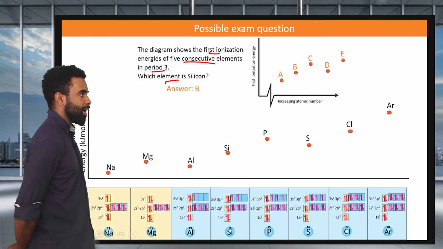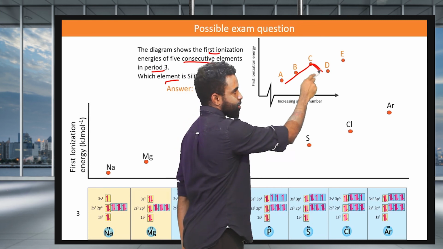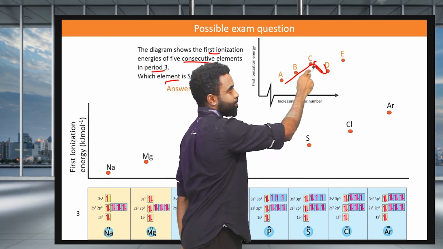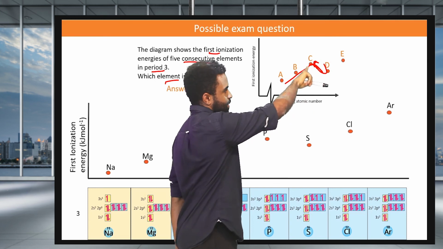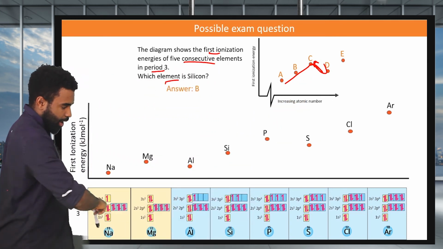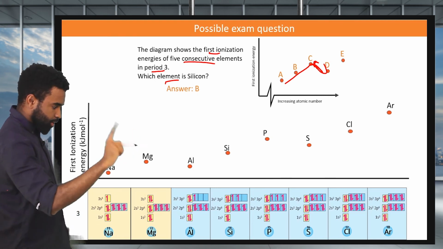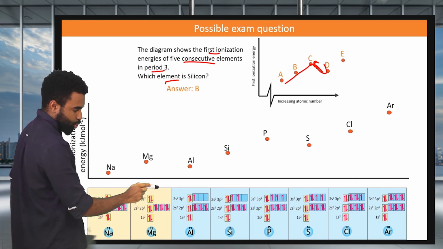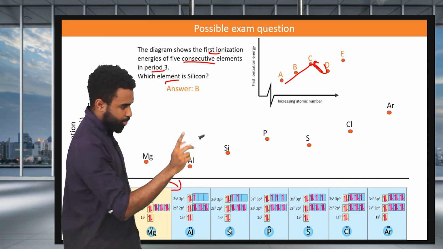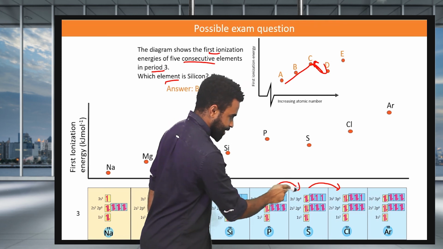B is silicon. Why? Well, we can see it goes up 3 and then down. So there seems to be a downward tick between C and D. How many times does it go downwards across a period? We know it goes downwards twice, between groups 2 and 13, and also between groups 15 and 16.